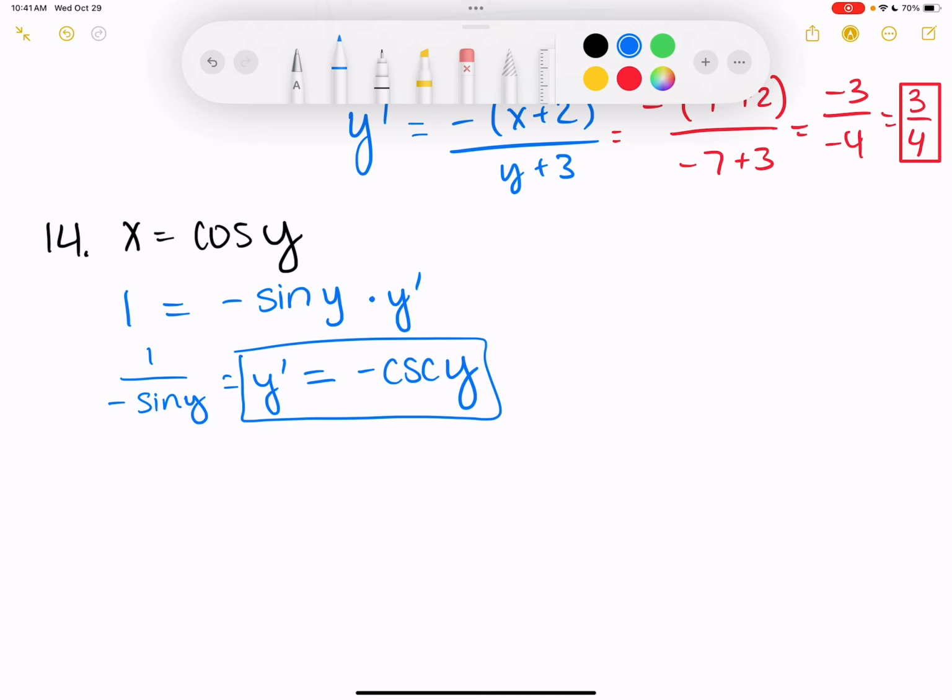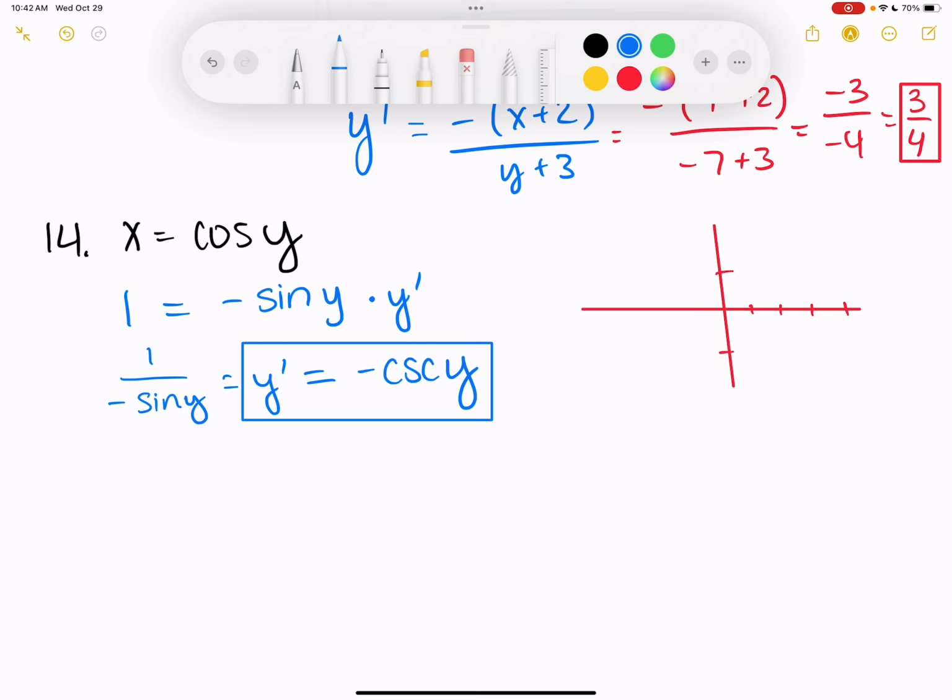So that's the derivative there. But I'm trying to find out where the slope is defined. This requires you to refresh a little bit on your trig graphs. Do you remember where cosecant has asymptotes? Cosecant goes with sine, so just as a quick refresher here, we would have pi over 2, pi, 3 pi over 2, and 2 pi. So sine would look something like this.